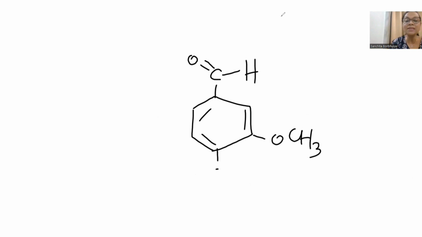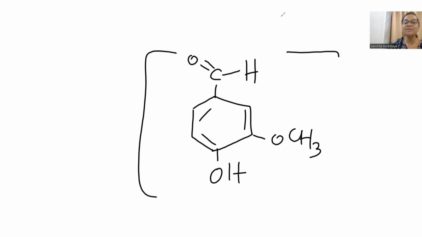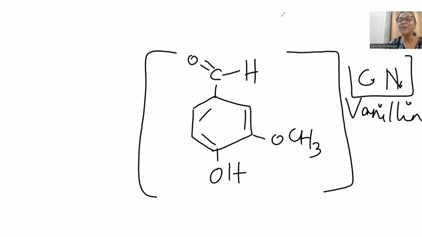It's an essence which is present in, you can give this vanilla essence to custard, to ice creams, etc. So this is vanillin, and this is the common name of the compound. And you can take this as a task for your eventual studies when you finish with the IUPAC nomenclature of this compound. So 2 tasks I've already given before I started the chapter only. One is finding out the IUPAC name of cinnamaldehyde, and another is finding the IUPAC name of vanillin.